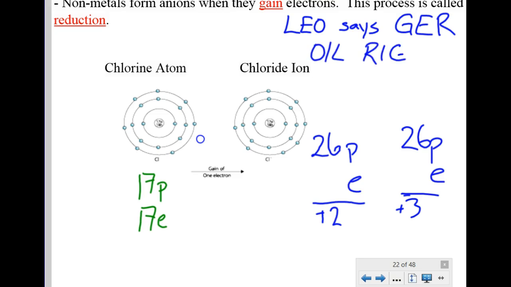The second silly little saying we have is oil rig. So loss of electrons is oxidation. Gain of electrons is reduction. Second one, oxidation is loss of electrons. Reduction is gain of electrons. And that helps us to remember the difference between the two.